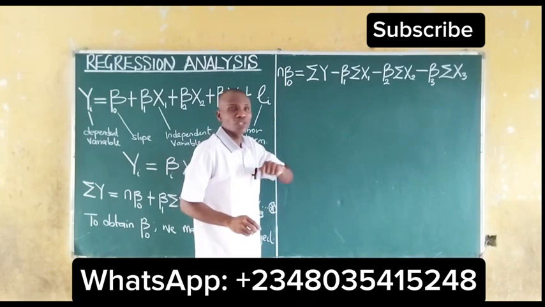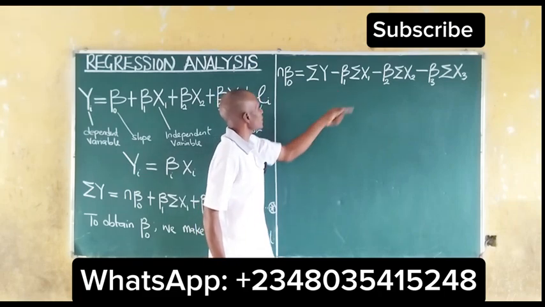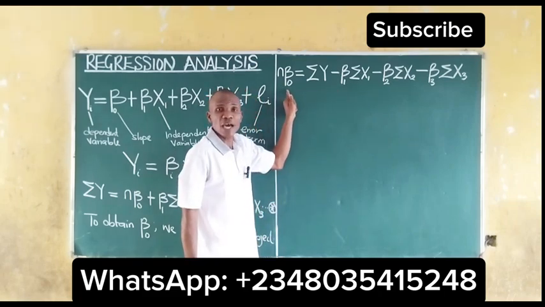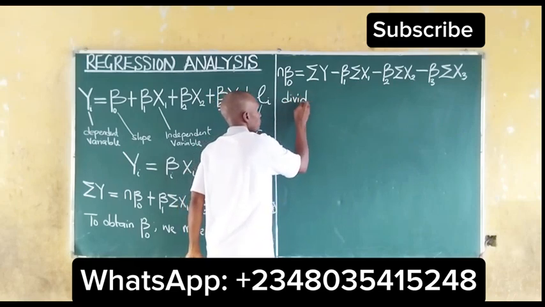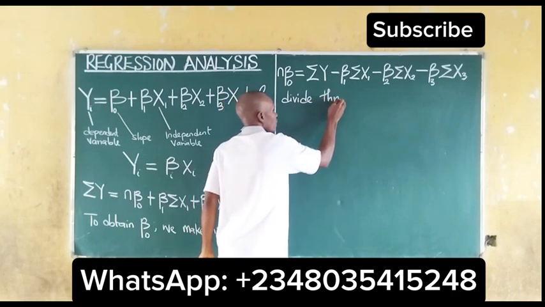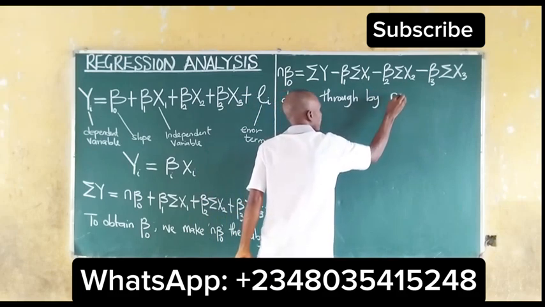The next thing to do is to divide the whole of this by n to obtain our b naught. So we divide through by n.